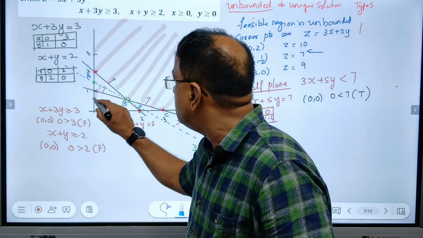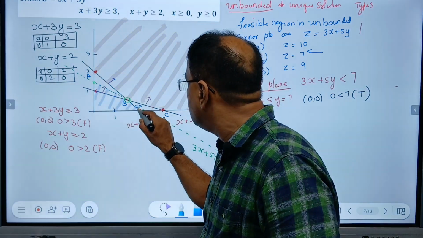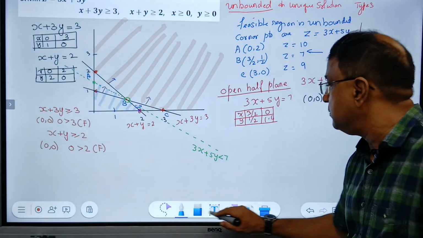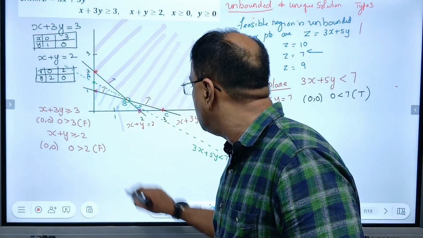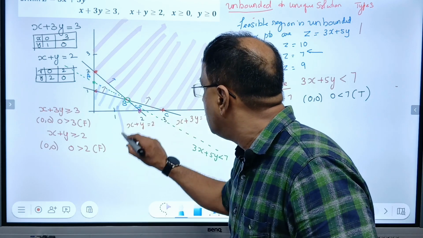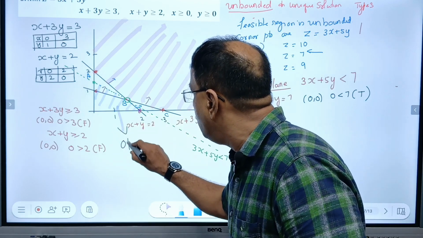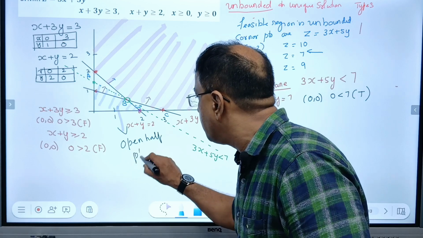So see this. This is my open half plane. Can you see it? This is my open half plane.